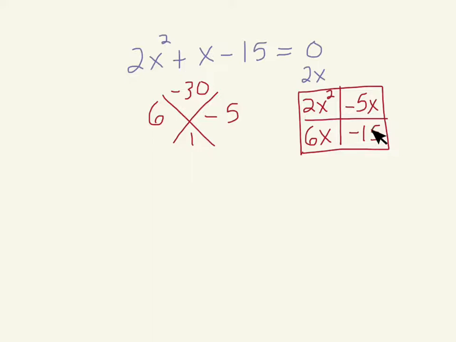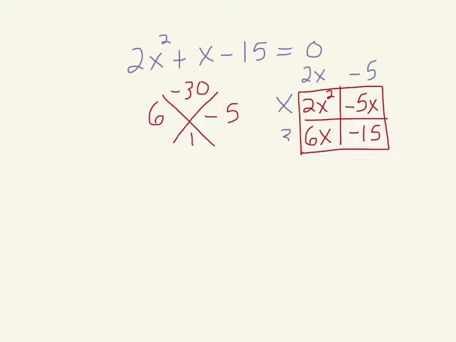And the greatest common factor between negative 5x and negative 15 is, you got it, negative 5. And between 2x squared and negative 5x, that's right, just x. And between 6x and negative 15, absolutely 3.